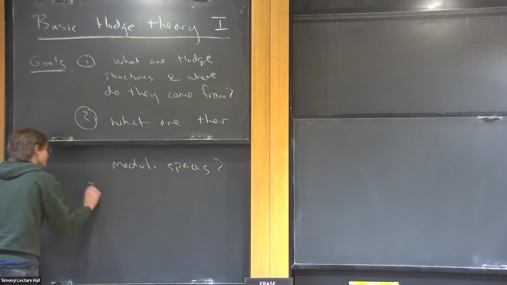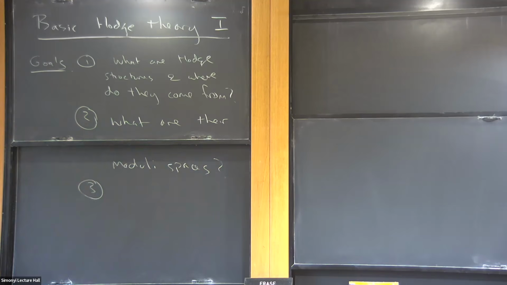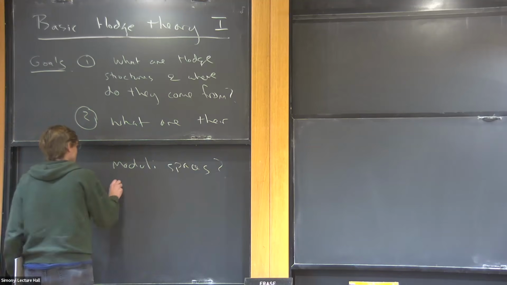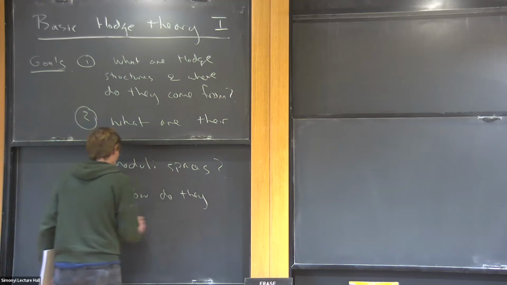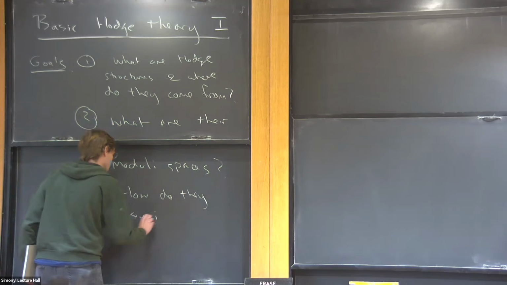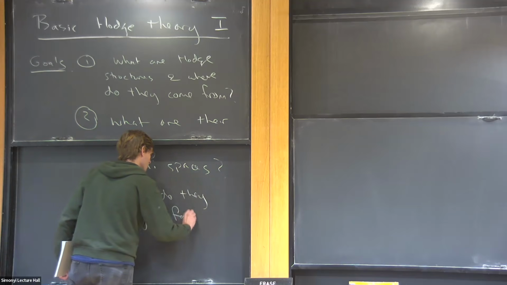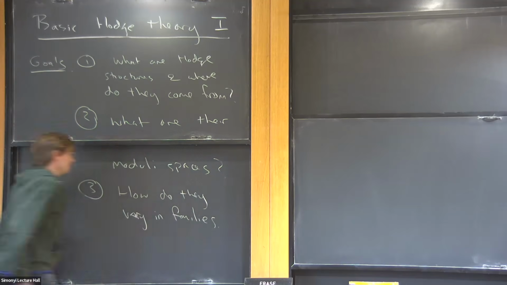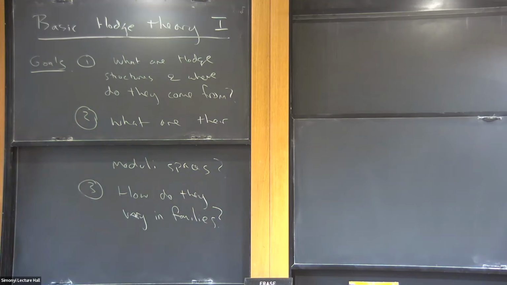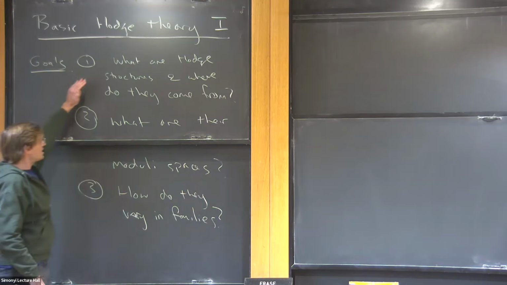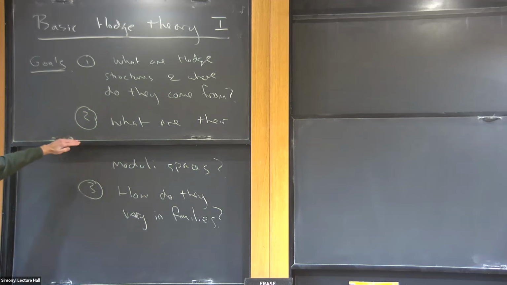And three, how do they vary in families, especially how do we get families of these objects from families of algebraic varieties? So today I'll probably mostly do one and then I'll start to talk about two.